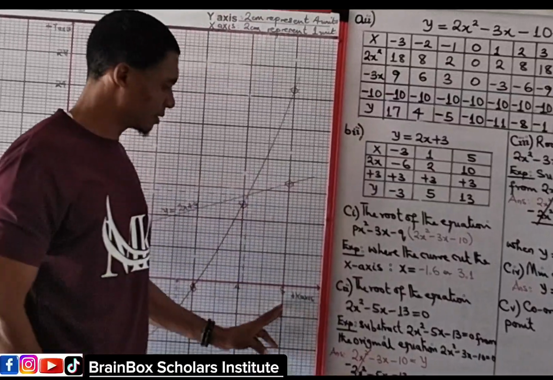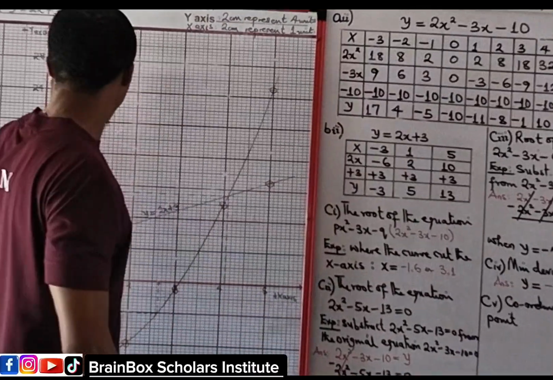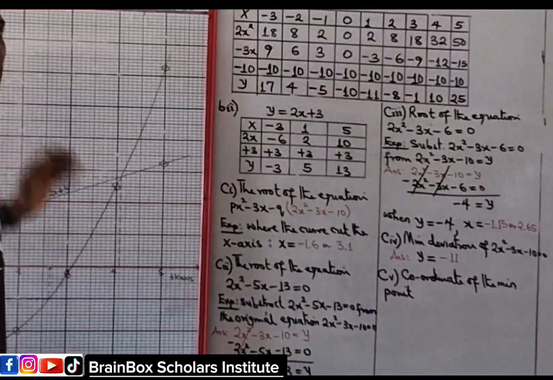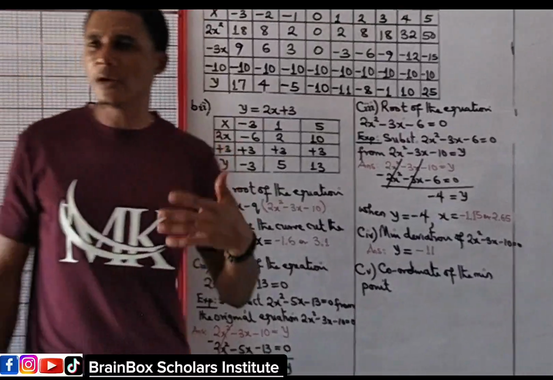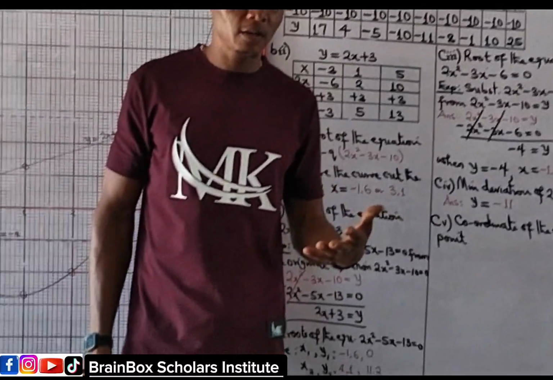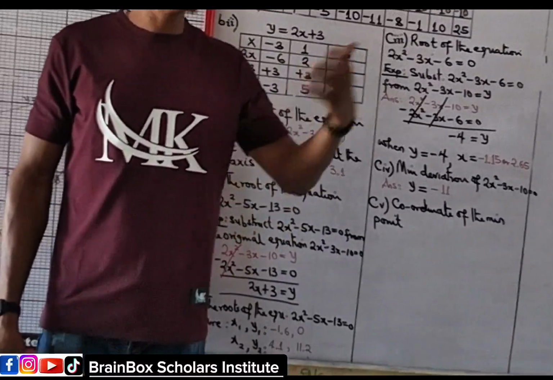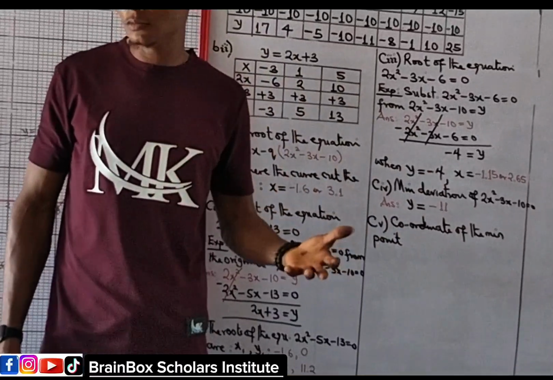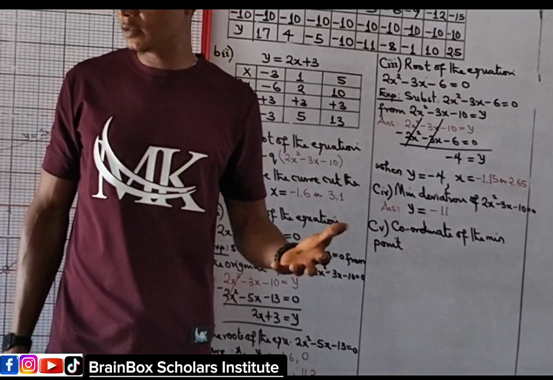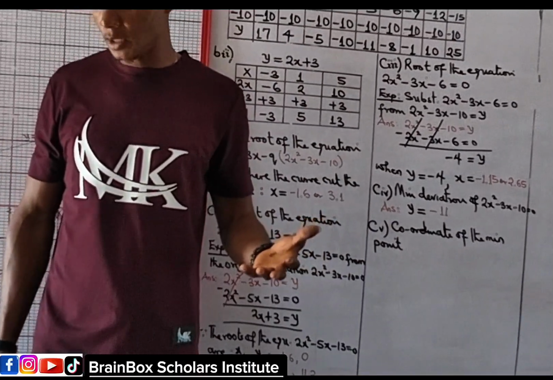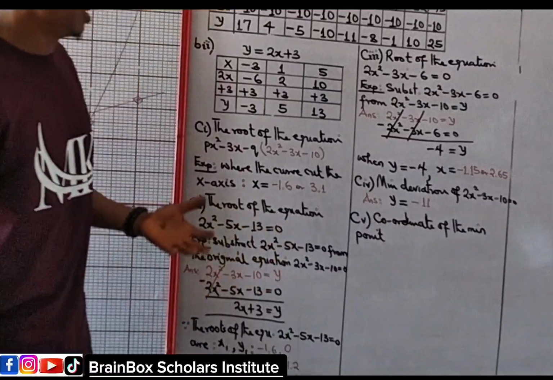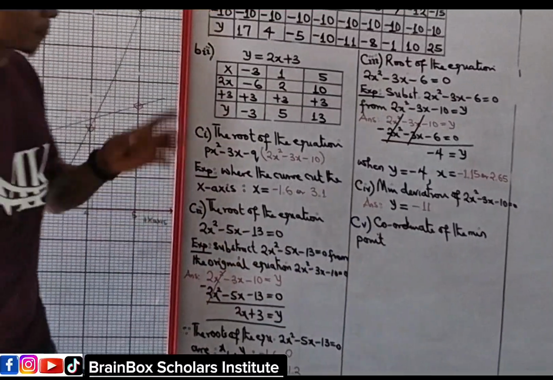That means x equal to 5, y equal to what? 25. Do you understand what I mean by coordinate? Okay, so coordinate simply means the x and the y value. Are you following? Okay. So now let's go.